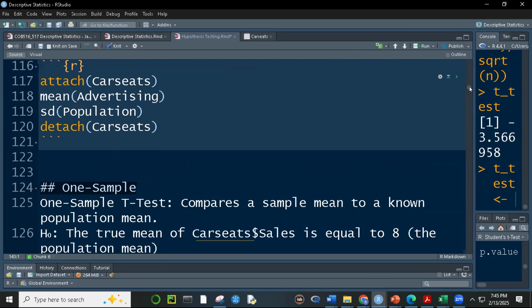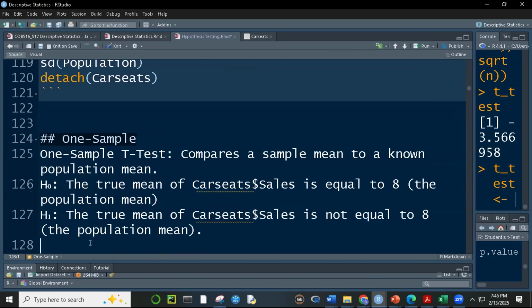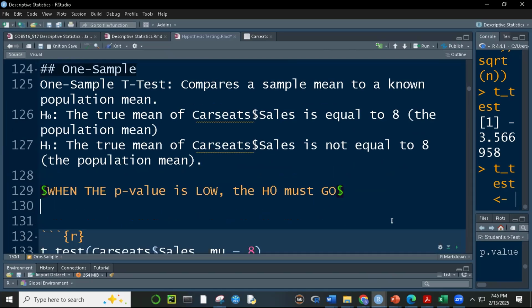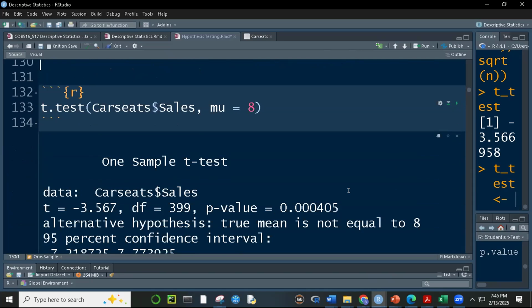The principle in statistical inference is that when the p-value is low, the null must go. I find this easy to understand. What do we mean by this? We have the p-value here, 0.000405.